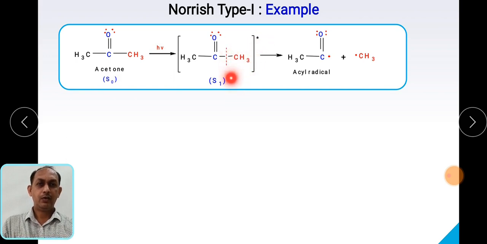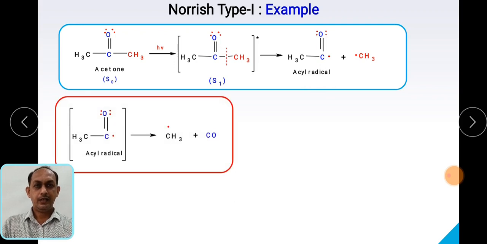Then there occurs a breaking of the bond between the carbonyl carbon and CH3. As a result, you will get an acyl radical and a methyl radical. In the next step, the acyl radical formed in the first step will again undergo breakdown of this single bond, and you will get one alkyl radical and another, CO.